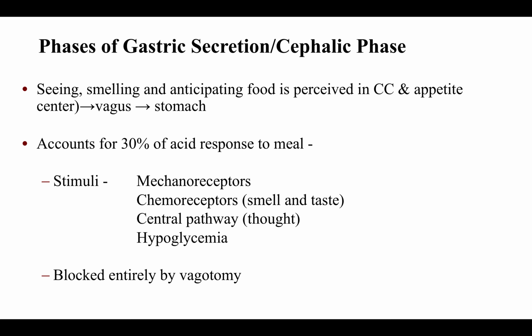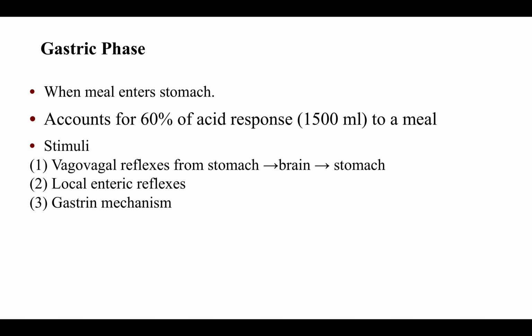Since the vagus nerve is the nerve that tells the stomach to secrete the acid juice, with no vagus nerve there is no cephalic phase of gastric secretion. So the vagus nerve is important, and this effect is diminished by vagotomy.